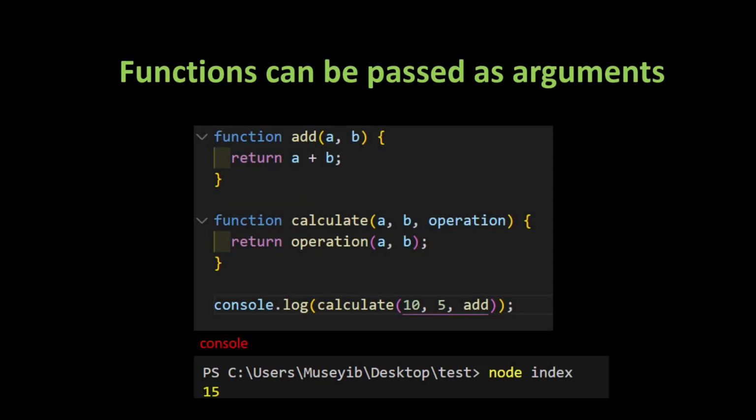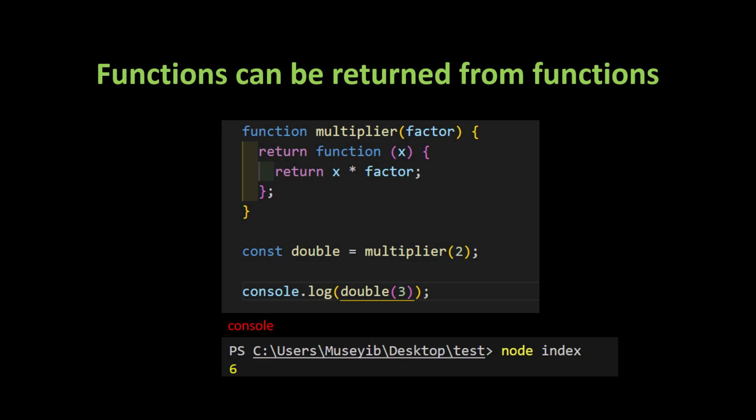Secondly, functions can be passed as arguments. In this example, we can pass the add function to the calculate function as an argument. And thirdly, functions can be returned from functions. In this example, execution of the multiplier function returns another function, and execution of that function returns the value we need, and that's it.